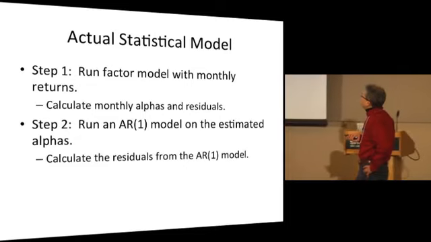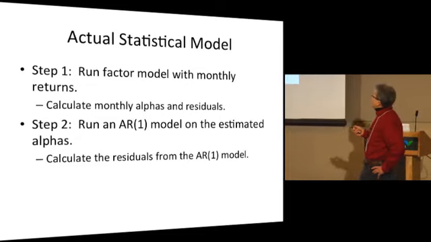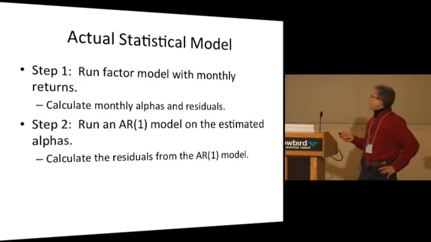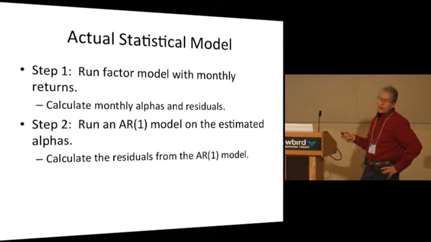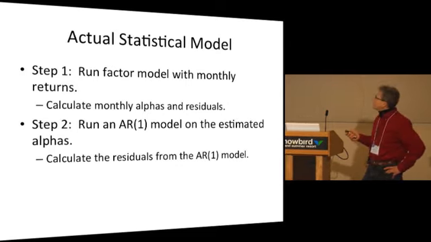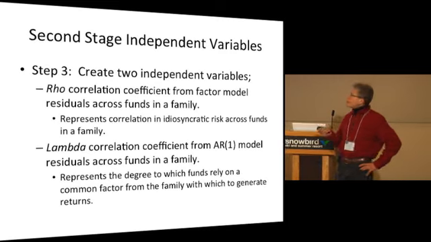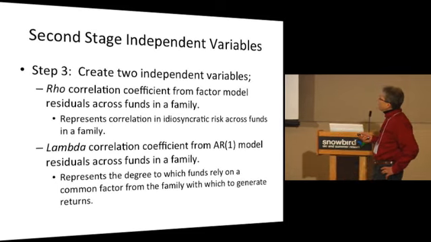So they do get something out of looking at the statistical simulations that I think you couldn't have guessed ahead of time. But then they get to the actual statistical model, and they run a factor model with monthly returns, calculate the monthly alphas and residuals. Then they run an AR1 model on the estimated alphas, calculate the residuals from the AR1 model, so they have two sets of residuals to work with. And they create these second stage independent variables, which they call rho and lambda.